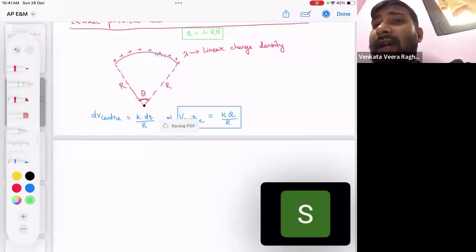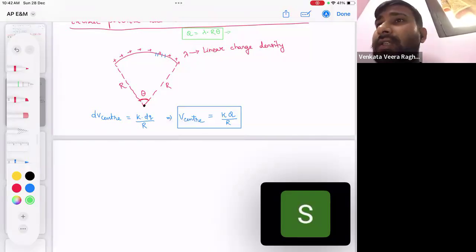And if this arc is making some angle theta at the center, the length will become R into theta. So Q is lambda into R into theta, the total charge on the arc. Understood?